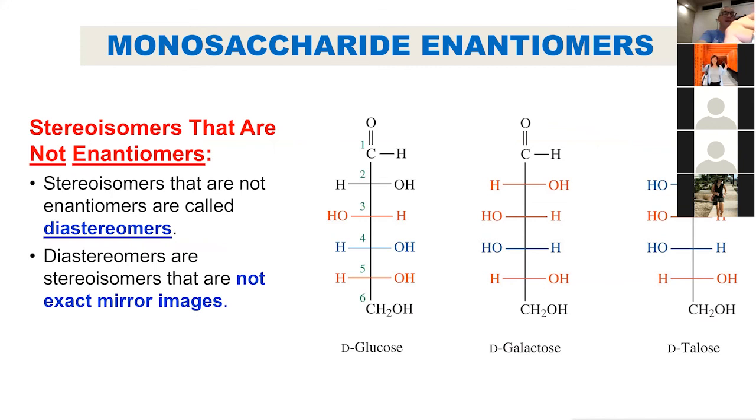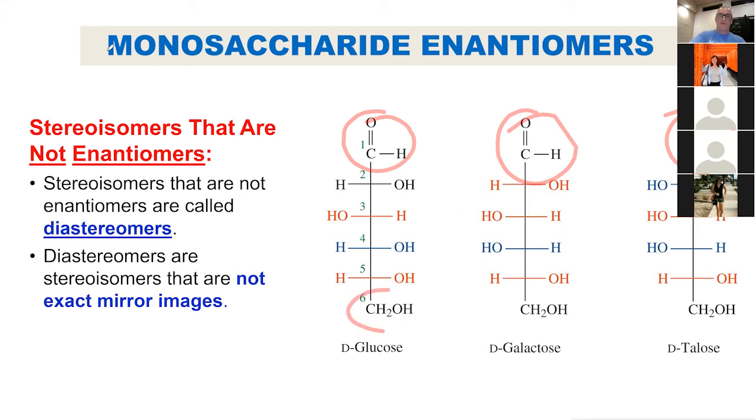And this is the thing that I just find so interesting about these. Each one of these molecules is identical in terms of their chemistry. They all have the same group, position 1. They all have the same number of hydroxyl groups.